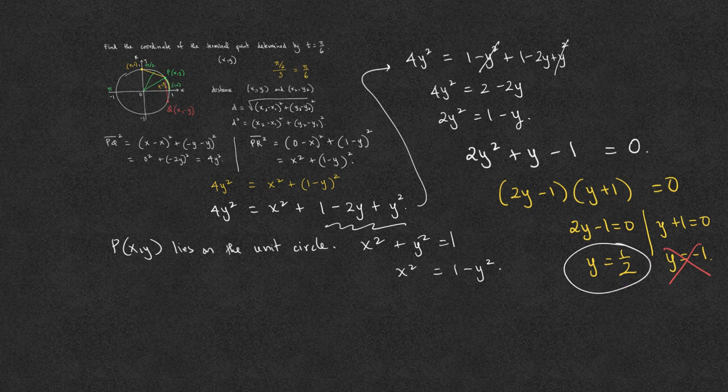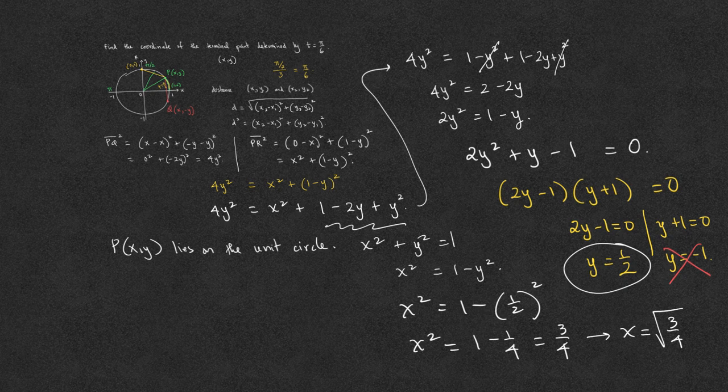If y is 1/2 and x squared is 1 minus y squared, then plug y equals 1/2 into this equation. We have x squared equals 1 minus 1 over 4, which is 3 over 4. And so x equals plus or minus the square root of 3 over 4.